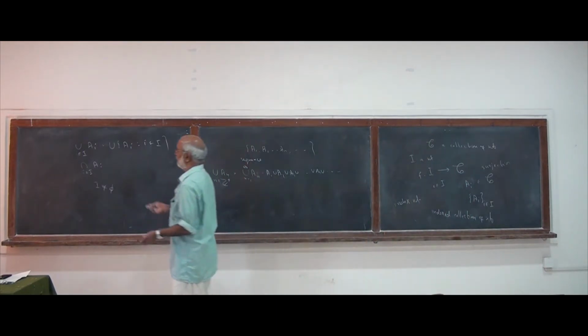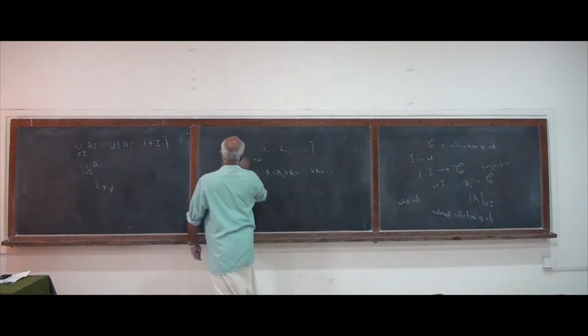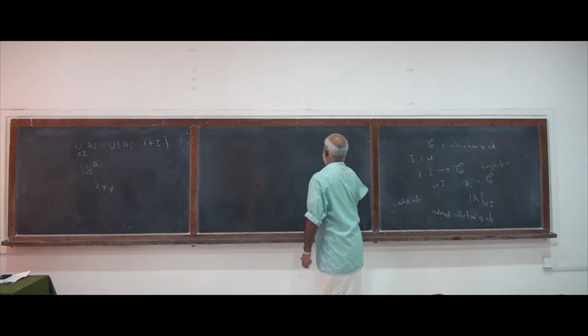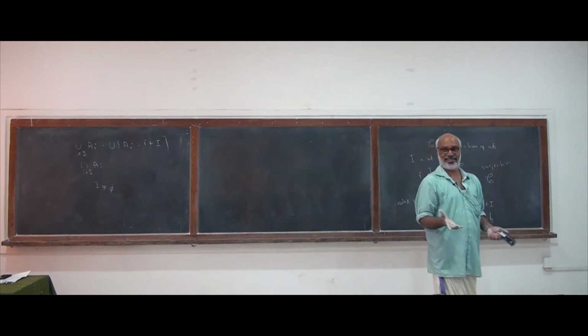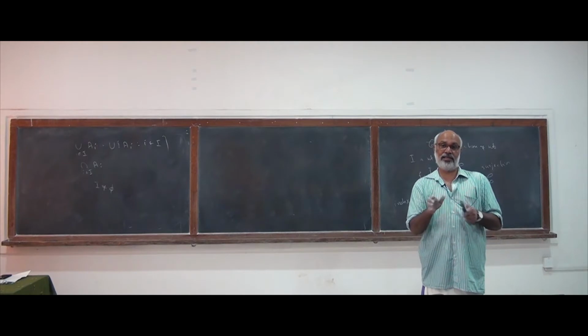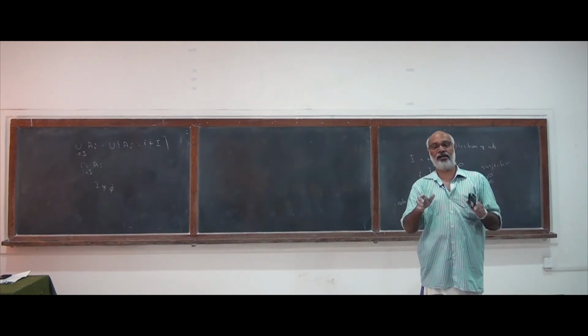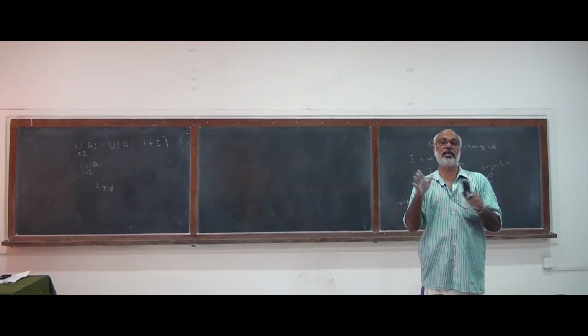So sometimes this can be considered as a notational device. There is given a collection of sets. Sometimes instead of writing the various elements, we write it in an indexed form.